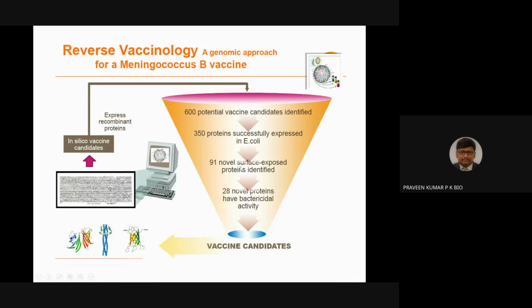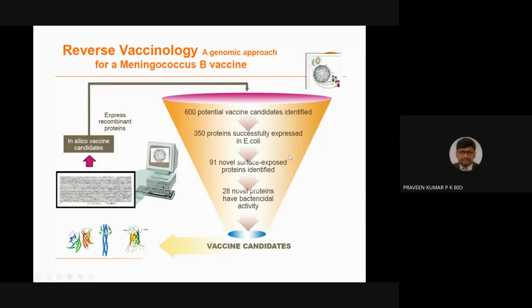Later, the next screening was done to find how many surface exposed proteins there are. Surface proteins are important to target most of the surface of the viral target. So they identified only 91 out of 350, and only 28 novel proteins have shown bactericidal activity on bacterial meningitis.